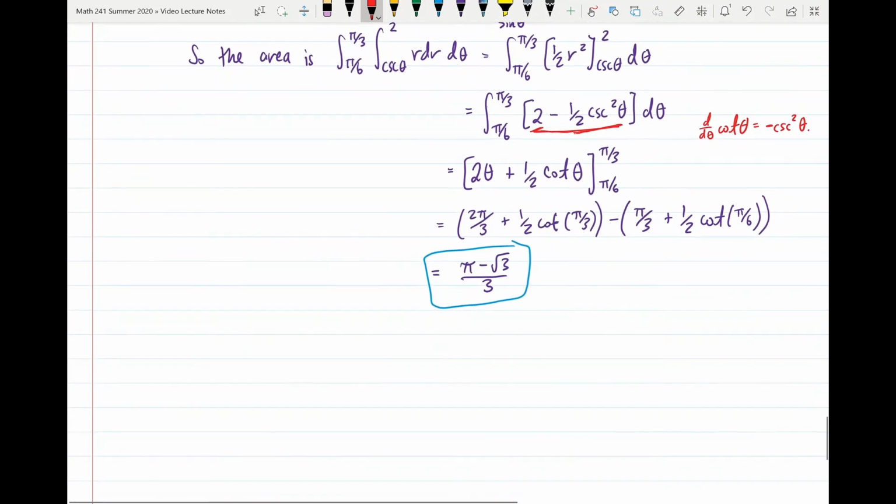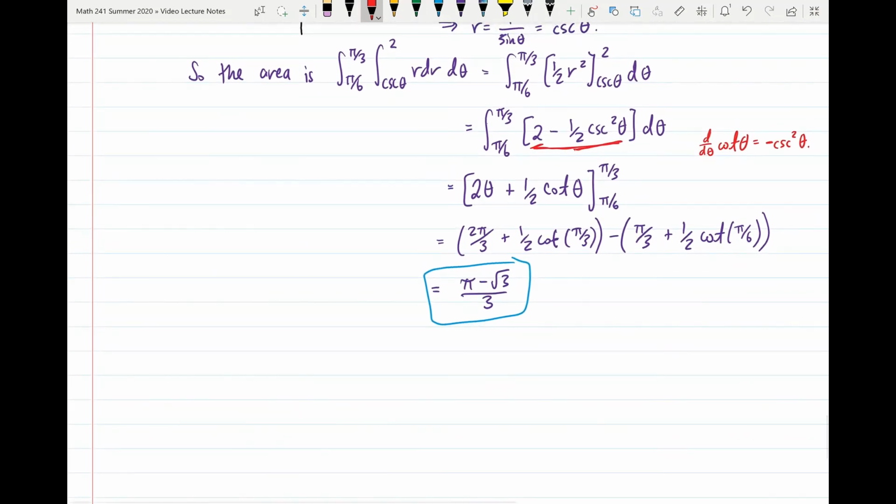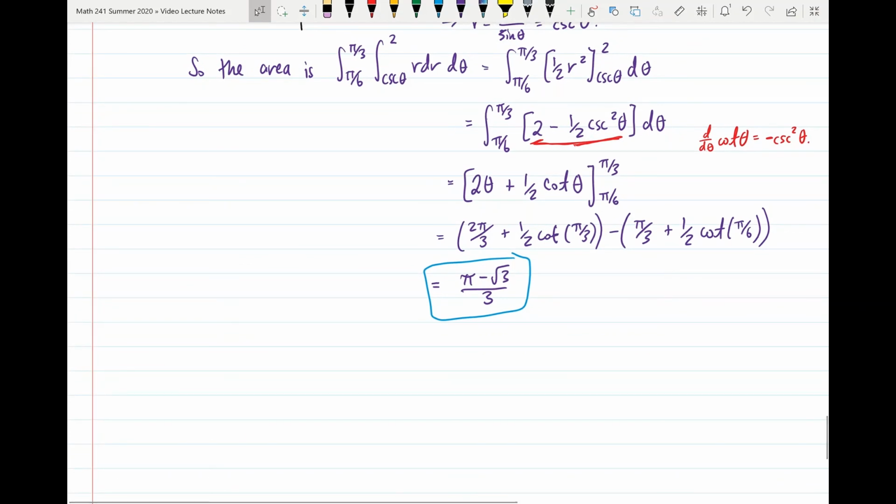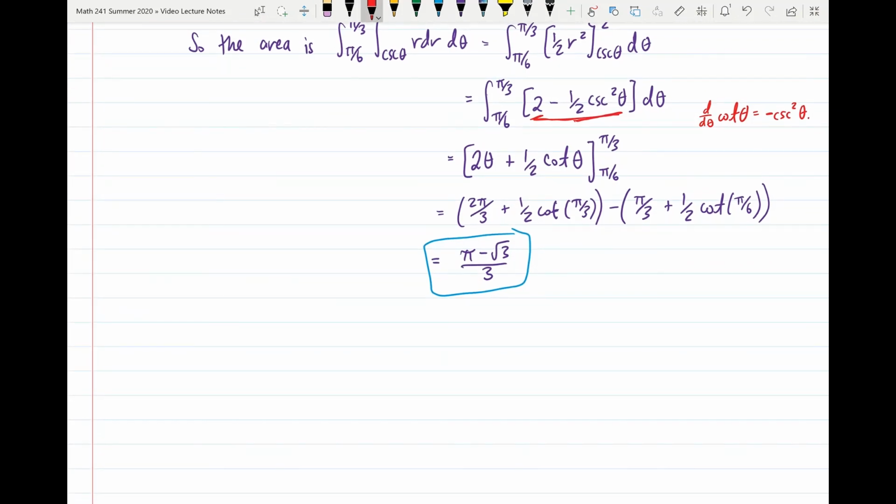Well, this is somewhat of a throwback to Calc 1 or Calc 2, I would suppose. But remember that the derivative of cotangent is equal to negative cosecant squared. And that fact is kind of important for evaluating this integral here. So the antiderivative of 2 is going to be 2 theta, and the antiderivative of negative 1/2 cosecant squared theta is going to be a positive 1/2 cotangent theta.